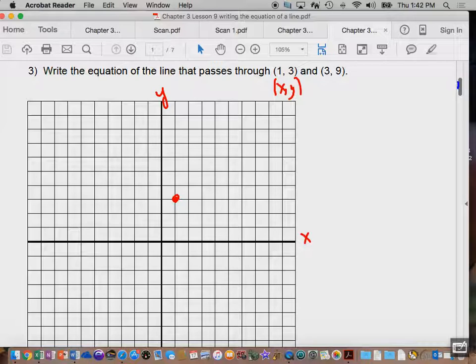Now, on your paper, very quickly, find the point (3, 9). Okay, so if I find (3, 9), it's over here. X is 1, 2, 3, and y is 1, 2, 3, 4, 5, 6, 7, 8, 9.